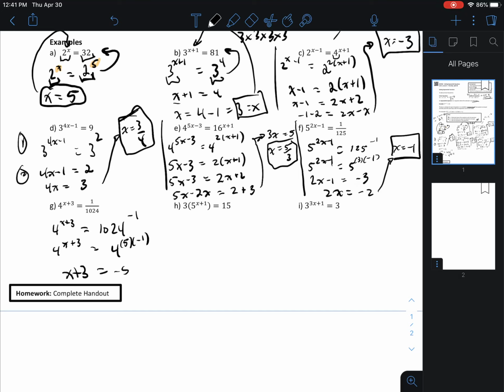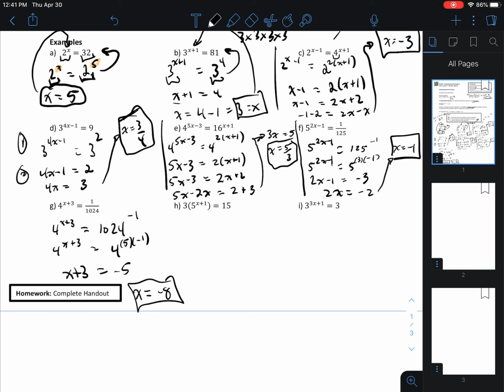It's not 4, it's 5. So you can now eliminate the bases. It's going to be x plus 3 is equal to -5. And so when I solve, x is going to equal -8. Okay.